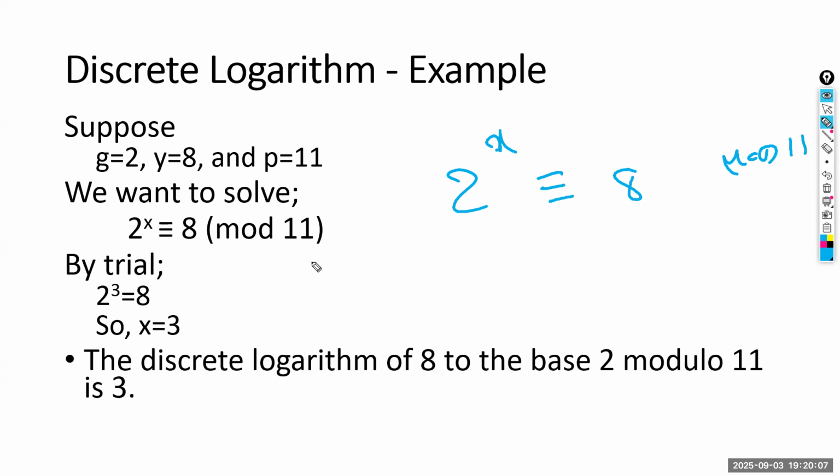So 2 to the power 3 is 8, and 8 mod 11 is again 8, because 8 is less than 11. So then you know that x is 3. But if it is bigger than 11, then you need to divide by 11 and get the remainder. That makes it even more challenging. So the idea is to make it challenging, not impossible, especially when the numbers are big.